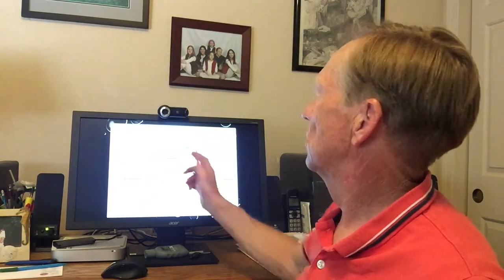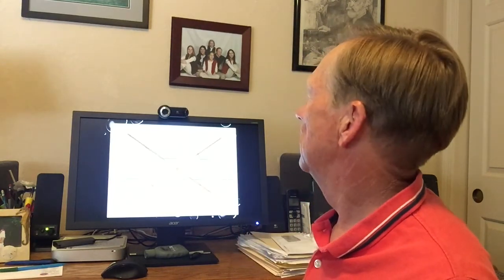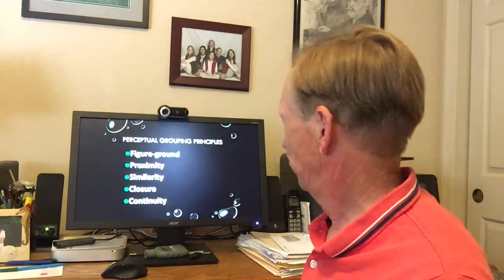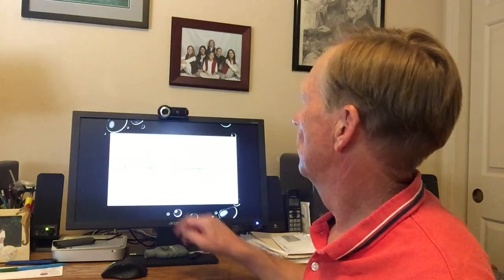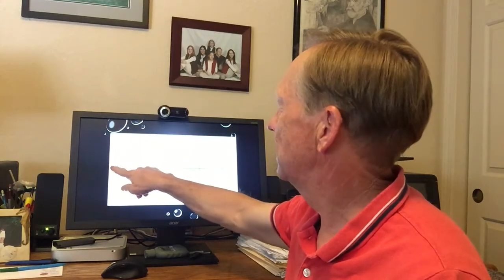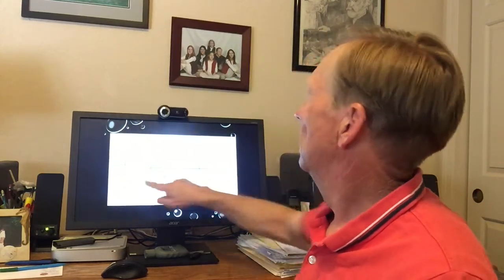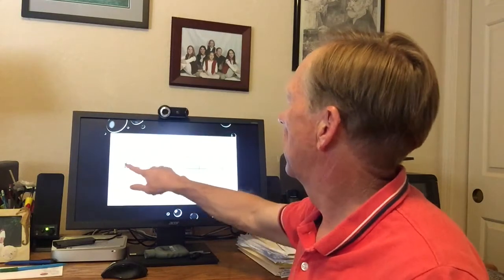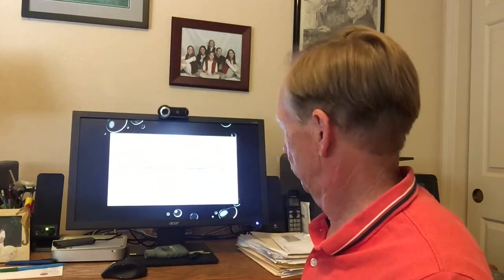And so this is an alternative way to perceive that original stimulus. But most of us would not perceive that original stimulus in this way because it just doesn't simplify the world that much, and it doesn't exemplify the principle of we like to see things as being continuous, a straight continuous line and a wavy continuous line.